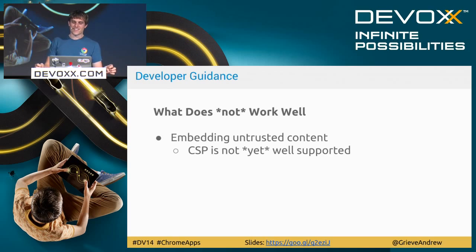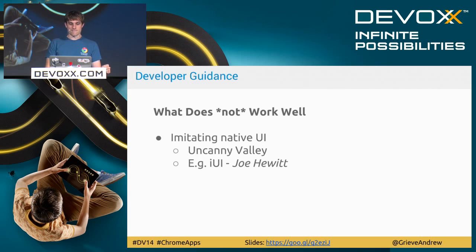And CSP is not yet well supported in Cordova, although it's on the roadmap, so you can't even turn that on as an extra protection. By the way, this does include iframes. A common use case is wanting to show an ad in an iframe, and that would be in the same boat. Please make sure you trust that ad provider if you're doing that in Cordova, or find another way to do it, maybe through the native SDK.